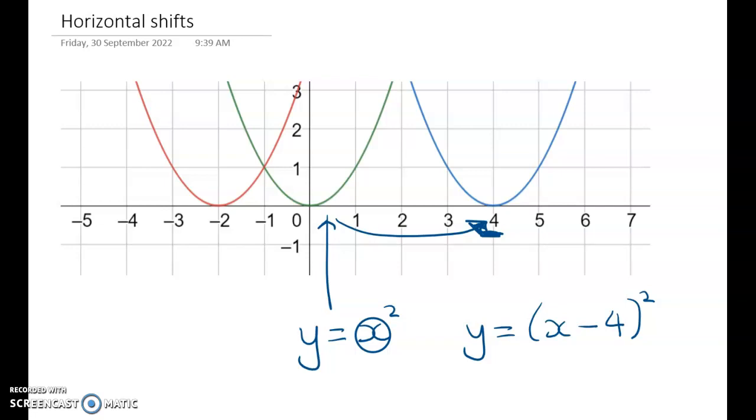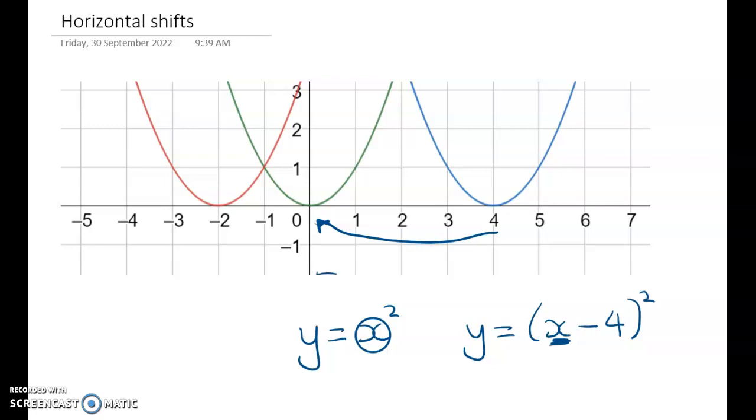The reason you can see that this works is that I used to have my vertex here, and now I want to have it out here by 4 units. I used to have this point here, but I want to have it here. So by subtracting off 4 from my x value, my graph will get shifted.